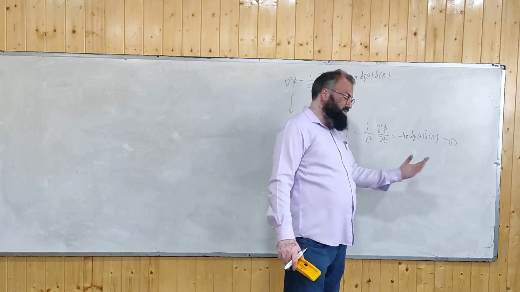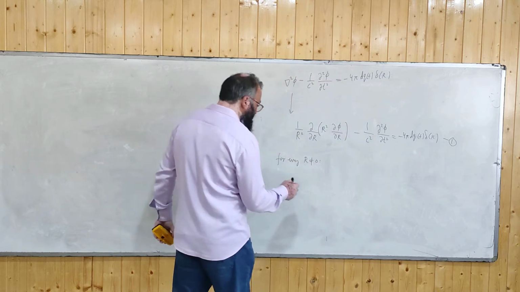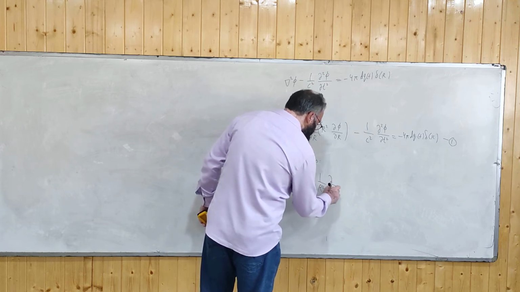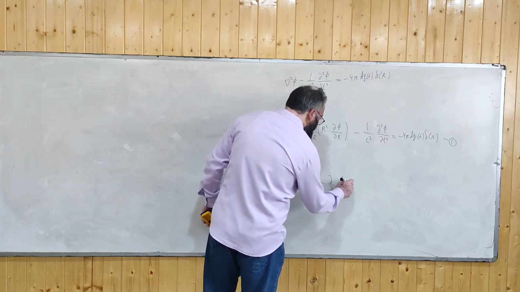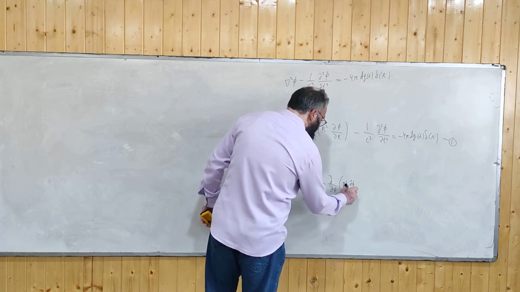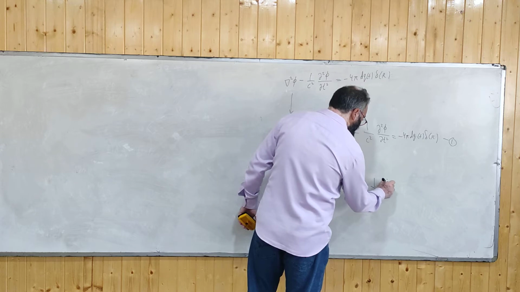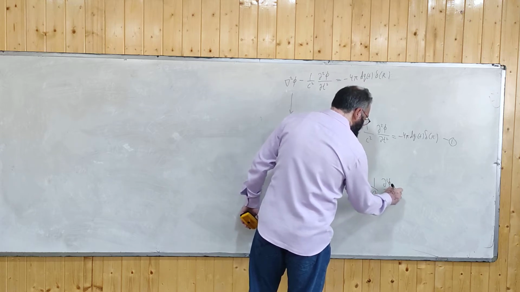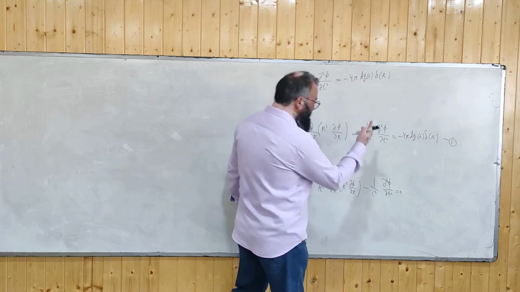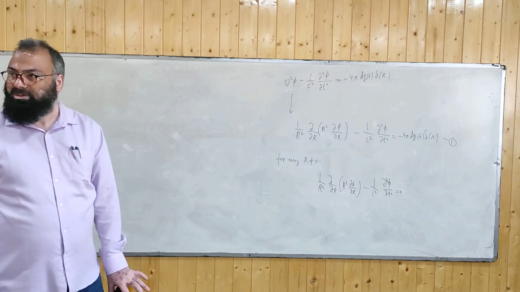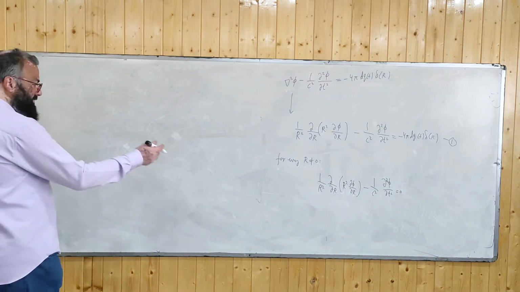Is that true? So when I take r not equal to 0, what will be the equation? That means I will be solving this very equation for a region where r is not equal to 0. In that case it is equal to 0. So this equation is reduced to a homogeneous equation. Clear? Okay.